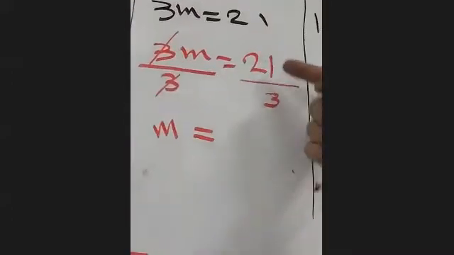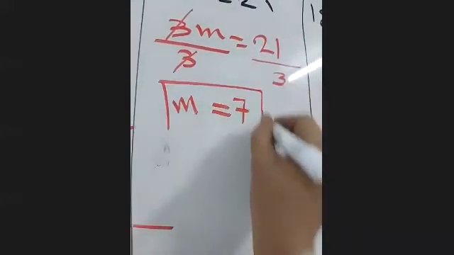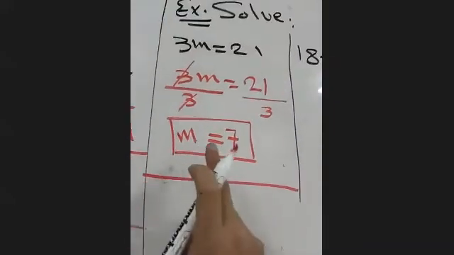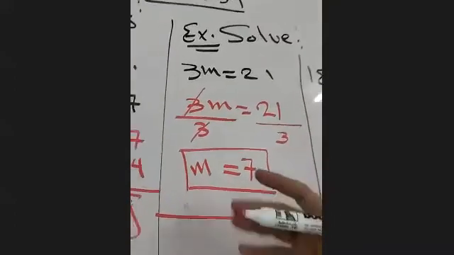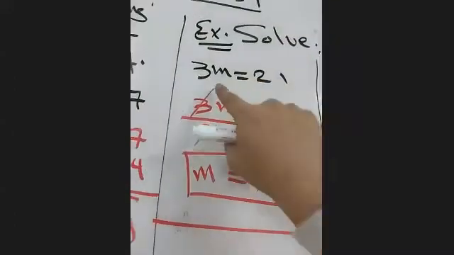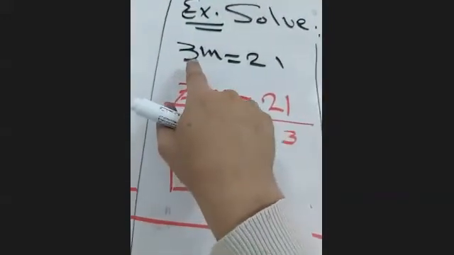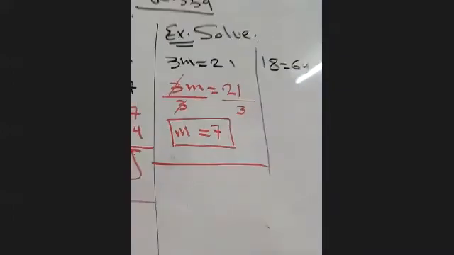Now 21 divided by 3 is 7. So the solution of this equation is m equals 7. To check our solution, go to the equation and replace m by 7. Not 37, no, it is 3 multiply 7, which is 21.